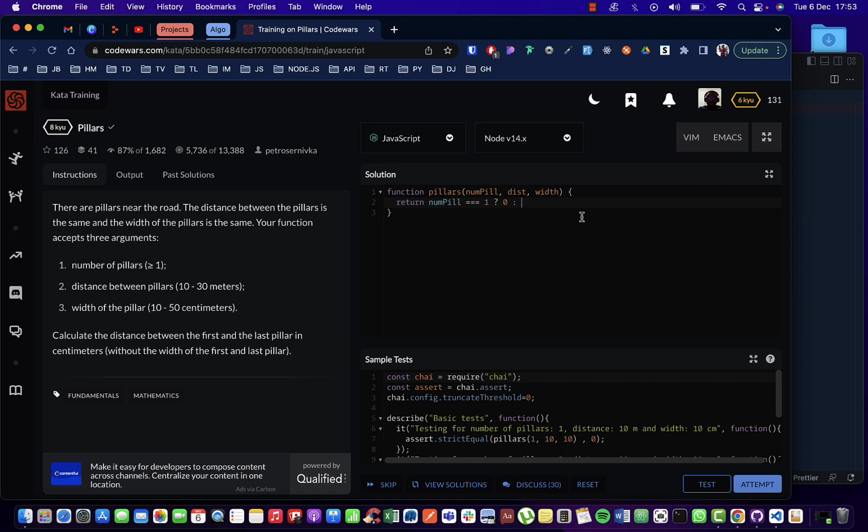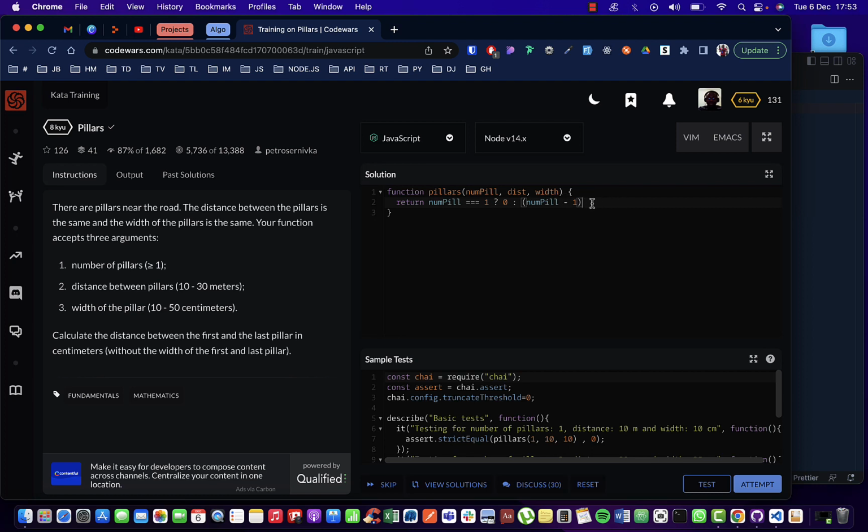Because we are meant to find the distance between the pillars, we have to calculate the number of pillars. So we'll say numpil, then minus 1, so where you have two pillars, we are only considering one distance.